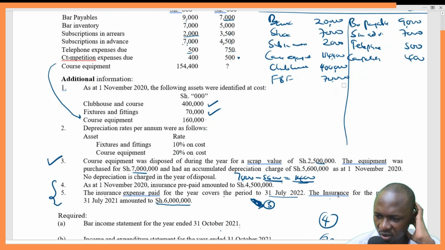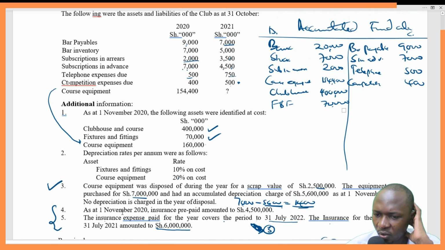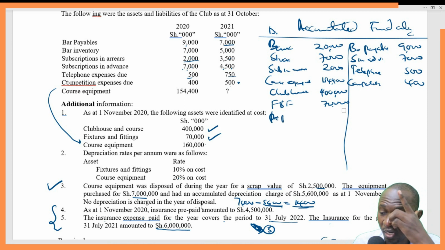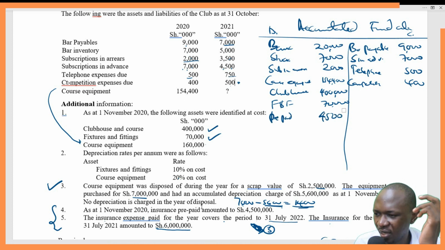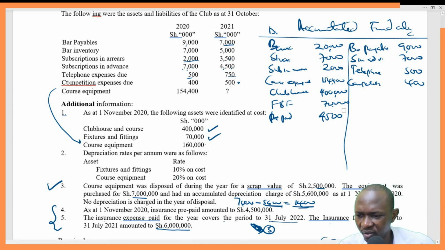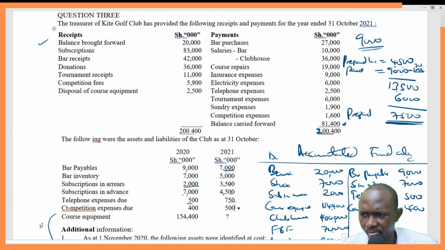Oh, there was prepaid insurance. If you prepay, that was an asset, 45. As at 1st November, insurance prepaid 45. What else? I think we should be done.